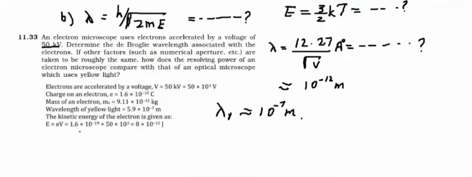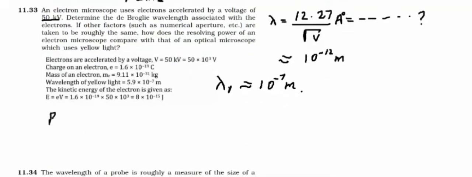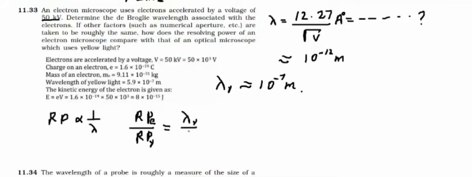Now the resolving power is inversely proportional to wavelength. Resolving power is inversely proportional to wavelength, which means the resolving power of the electron microscope divided by the resolving power of yellow light, when you take this ratio, will be lambda y divided by lambda e.